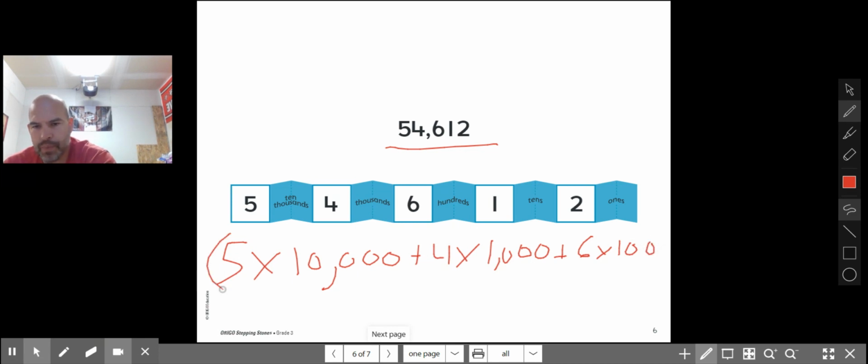And I'm going to just go ahead and put these in parentheses, just like this, so it's easier for us to see each portion of this expanded form, okay?